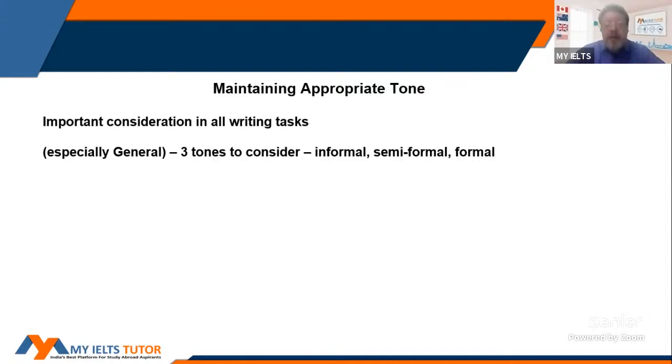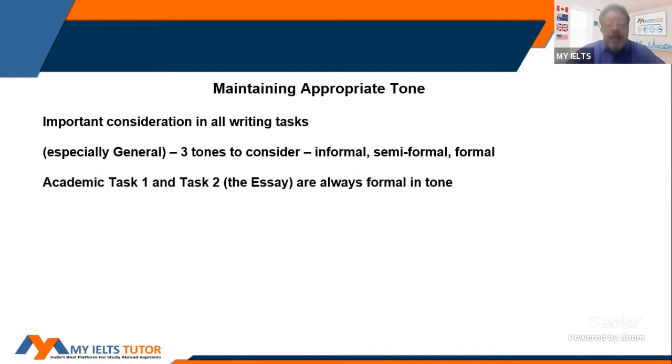That's important because it depends on who you're writing the letter to that dictates the tone to use. Academic task 1 and task 2, the essay, are always formal in tone, because academic task 1 and the essay are considered academic writing.